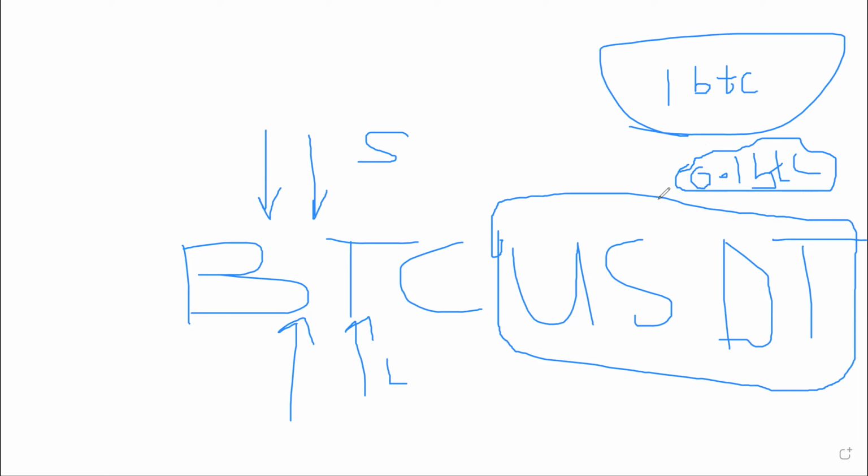Now, if price begins to go your way, you begin to see your profits. If you are buying a whole one Bitcoin at 19,000, for example, and the price of Bitcoin goes to 19,100, that means the one Bitcoin you are betting on has increased by $100. So you're already on profit of $100. If it goes to 19,200, you're on profit of $200.